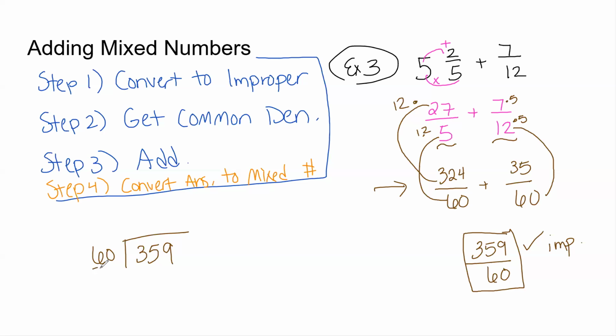So think of it as this: 6 goes into 35 5 times. So 60 times 5, use your calculator if you want to, or some scratch paper. That's 300. And there's your remainder, which is your numerator. So the mixed number here is 5 as our whole number, 59 is our numerator, keeping the denominator of 60.